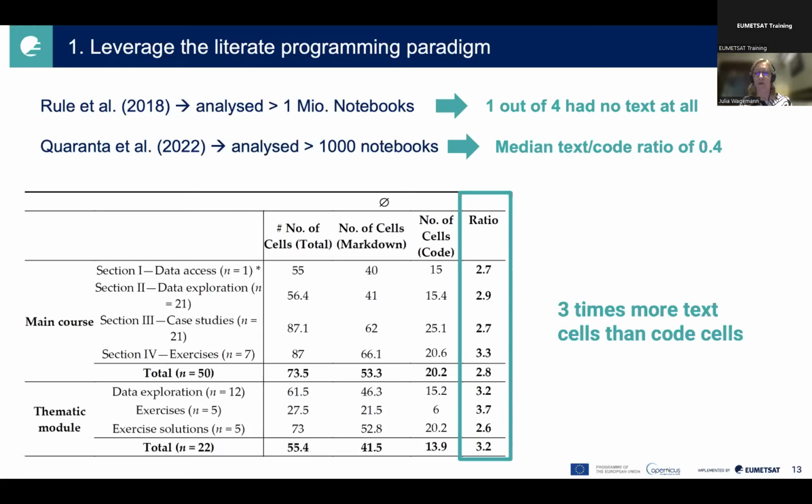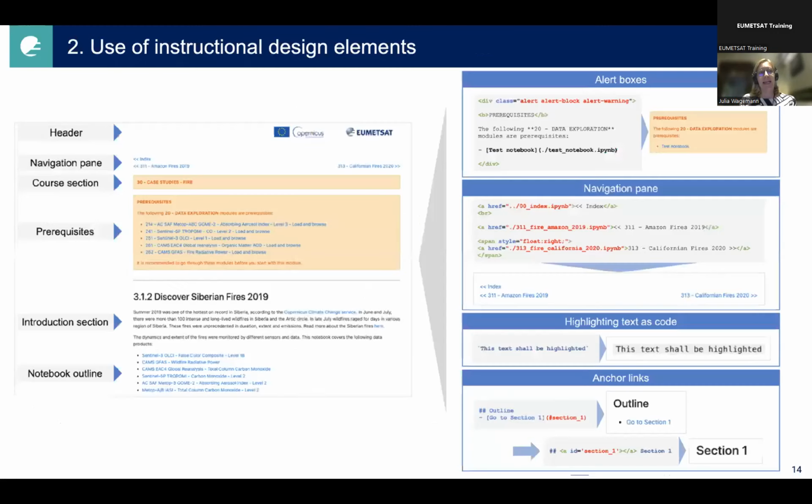This means we also have to add more descriptive text to notebooks. And a recommendation is that a useful or educational notebook should have at least twice as many text cells compared to code cells.